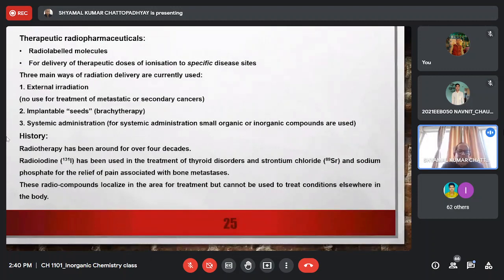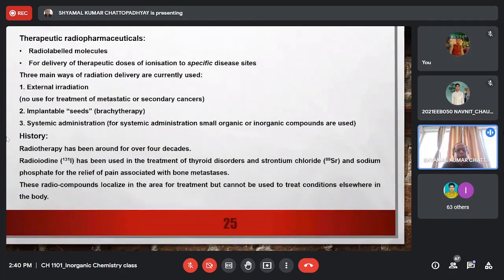So we want an optimum condition where the half-life should not be very long, and should not be too short. This optimum half-life region is usually greater than 5 to 6 hours, and less than or equal to 8 days.